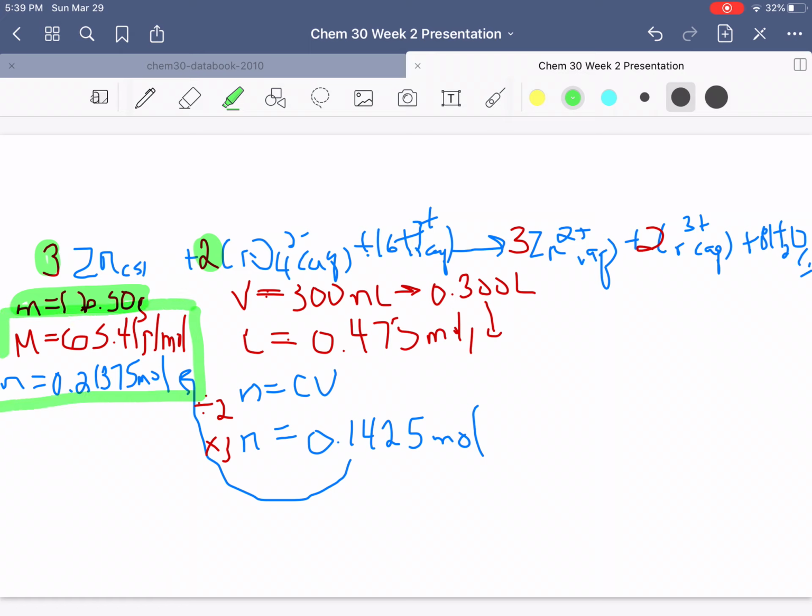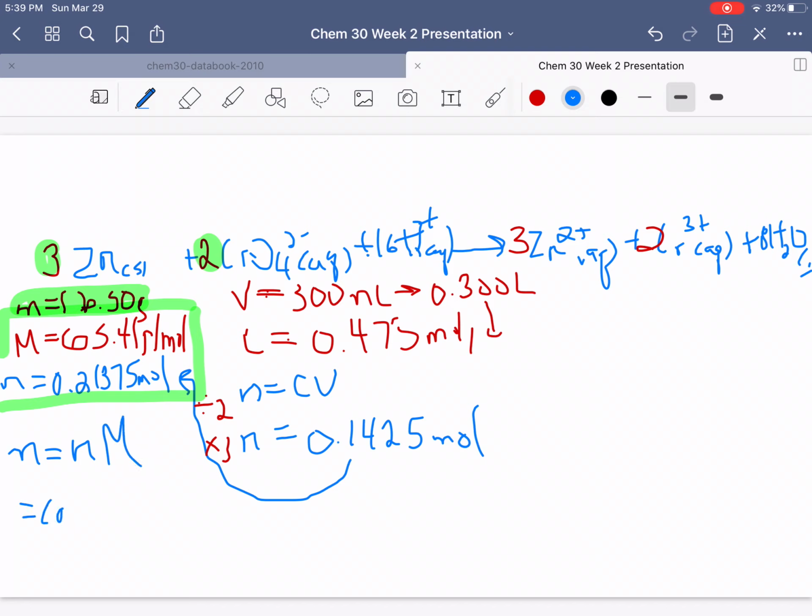Now here's where we can actually do a calculation. This n can be used with the molar mass to figure out what mass actually reacted. Because remember, that 16.50 is the mass we started with, not how much reacted. Okay. Rearrange that formula, and m is equal to n, the number of moles, times the molar mass.